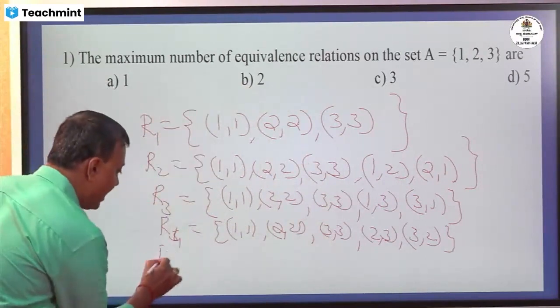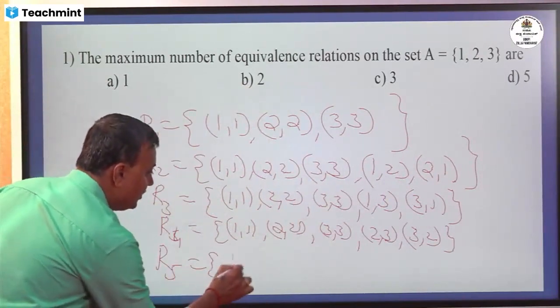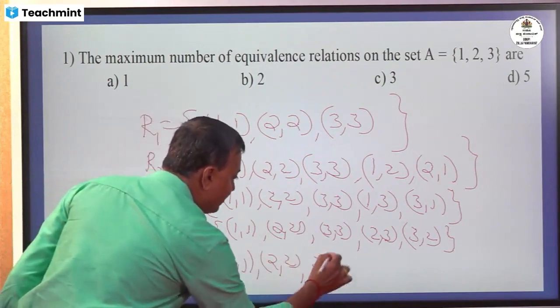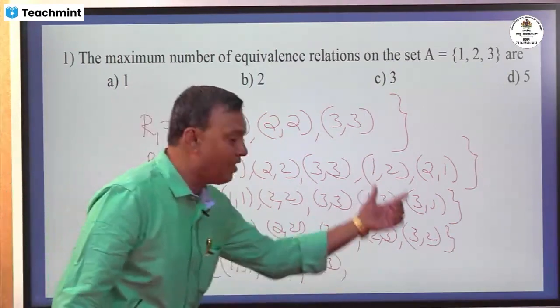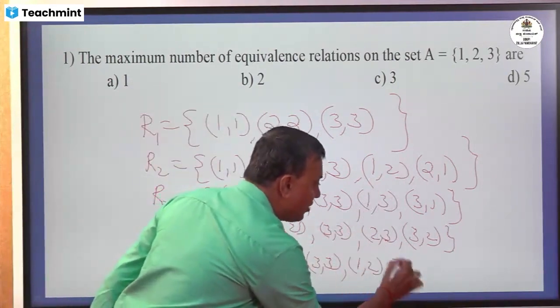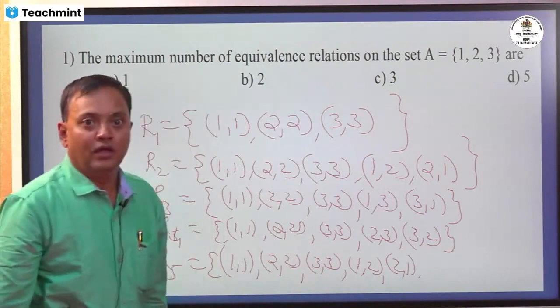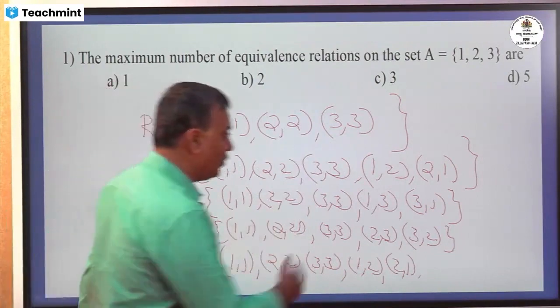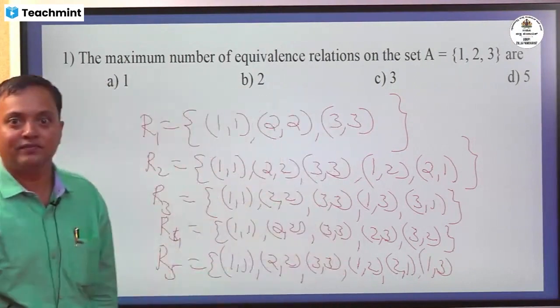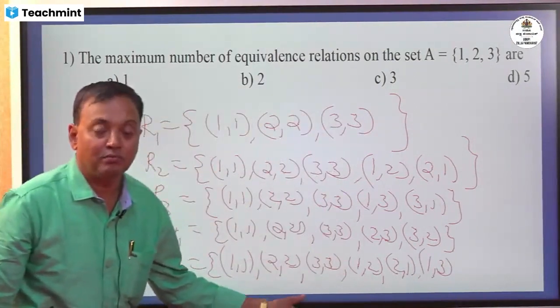Next R5. For equivalence, (1, 1), (2, 2) and (3, 3) must occur. Here we have taken two ordered pairs, (1, 2) and (2, 1). Then take one more ordered pair, (1, 3). Suppose only (1, 3) occurs, then this is reflexive but not symmetric.